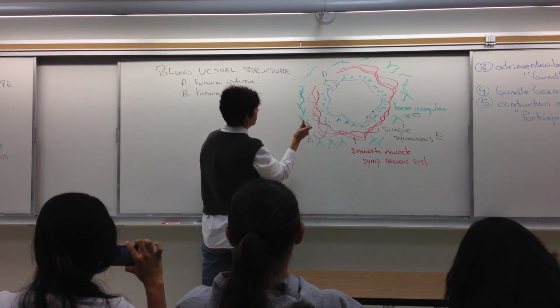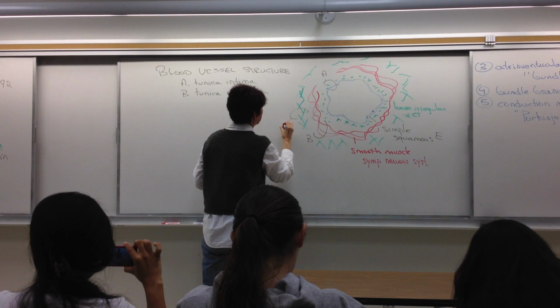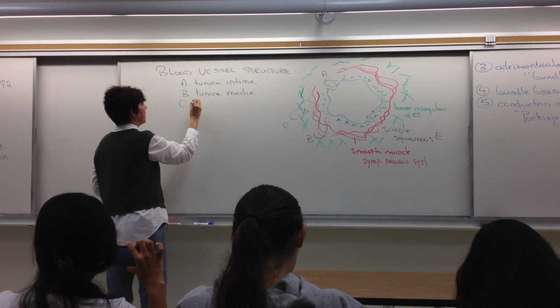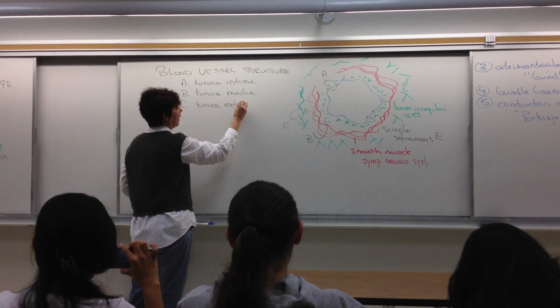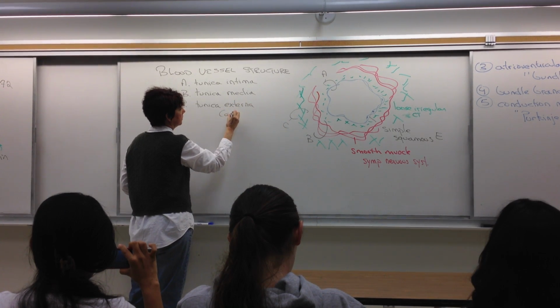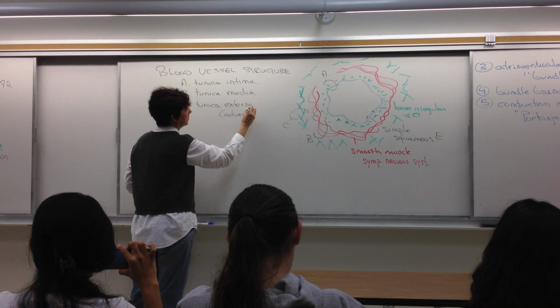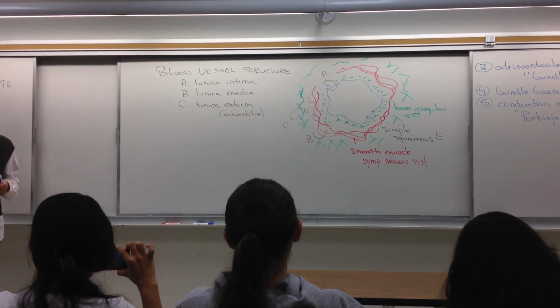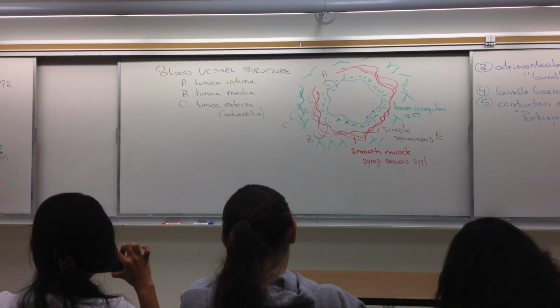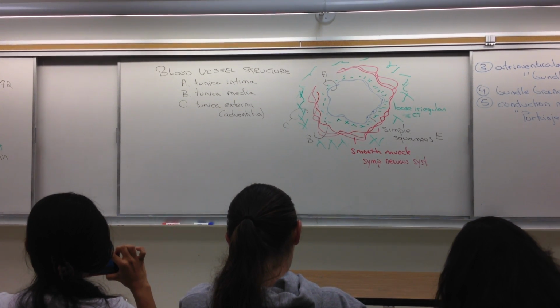And so this outermost layer is known as the tunica externa or adventitia. All of our blood vessels will have varying degrees of these layers.